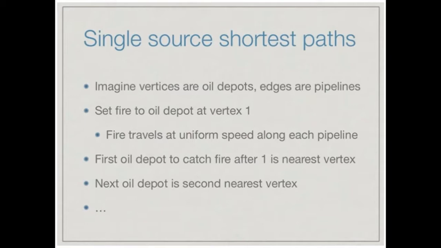So fire will travel in all possible directions along all the possible pipelines from this particular fixed node, and that fire will signify how fast it can reach, cost-wise, from one depot to another. It will be more clear when we take up that particular example. So let's move on.